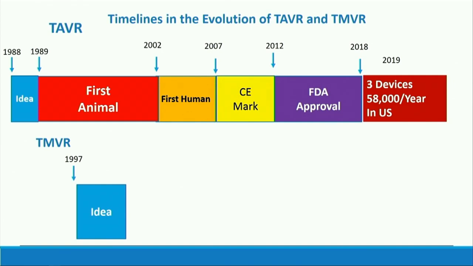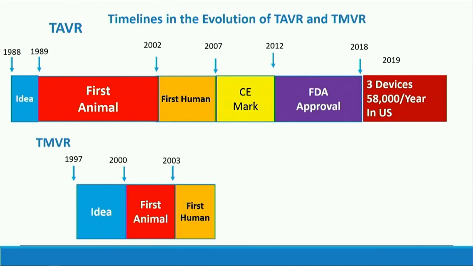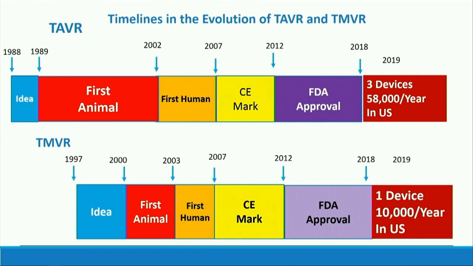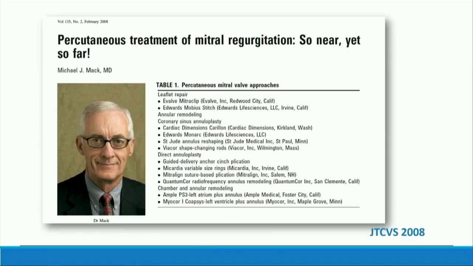TMVR started in 1997, and the first animal was done in 2000, and the first human was done only a year after the first human TAVR was done. CE mark happened at the same time that it happened with TAVR. FDA approval for a limited indication for primary MR also happened at the same time as with TAVR. But here we are in 2019, we have 1 device, approximately 10,000 per year in the United States.